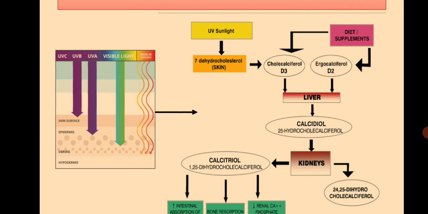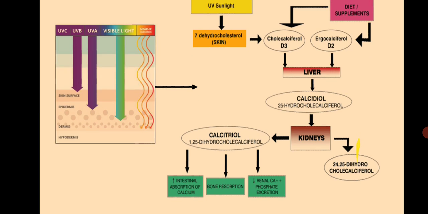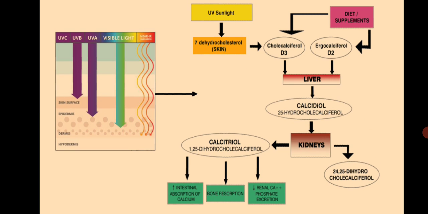That is not the active form. It is further converted in the kidney, where another hydroxy group is attached, giving 1,25-dihydroxycholecalciferol, which we call calcitriol. That is the active form. Another product, 24,25-dihydroxycholecalciferol, is also synthesized, which is not active.